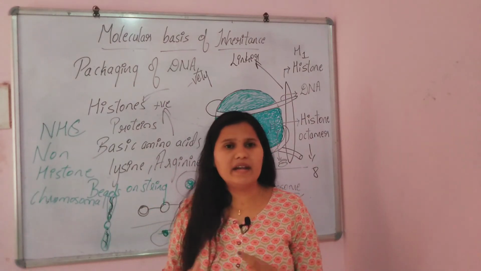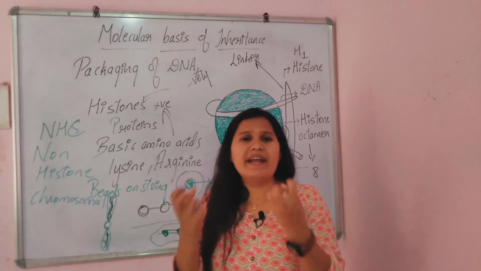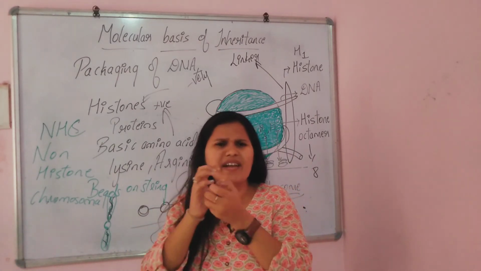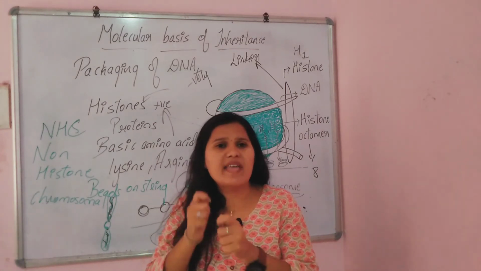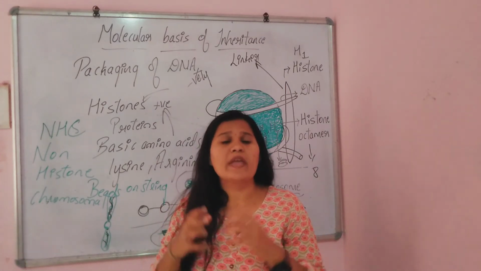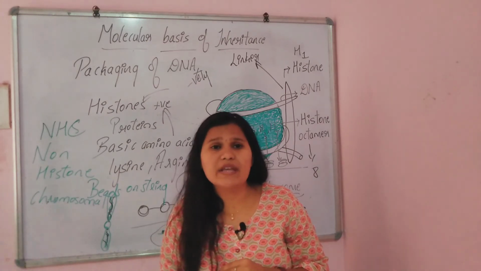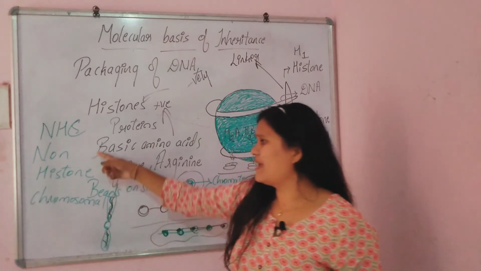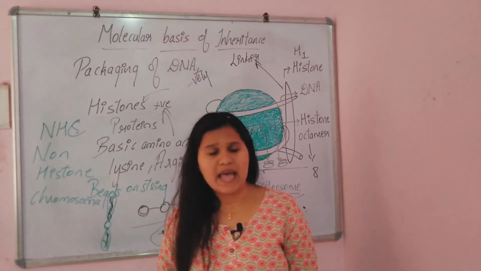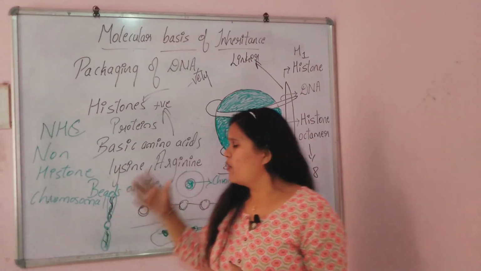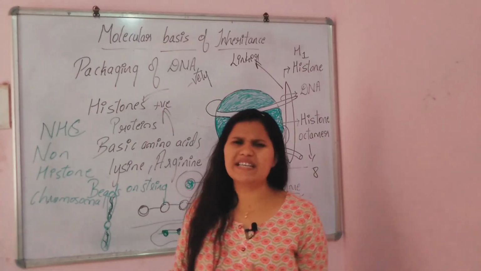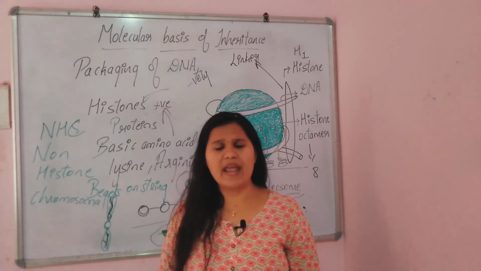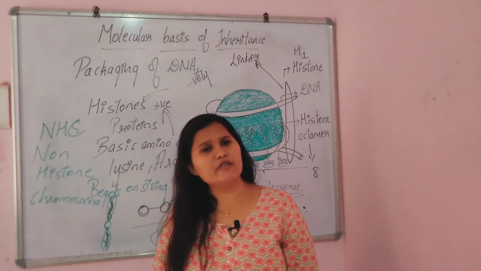And later this chromatin will get coiled, they will get condensed, okay, and then they will form the chromosome, and again there they will use the non-histone chromosomal proteins, and then they will form the chromosome, where it will consist of the DNA, and that will be present in the nucleus of each cell.